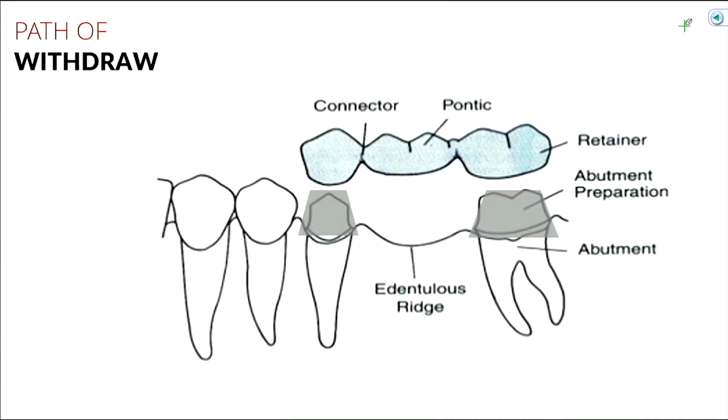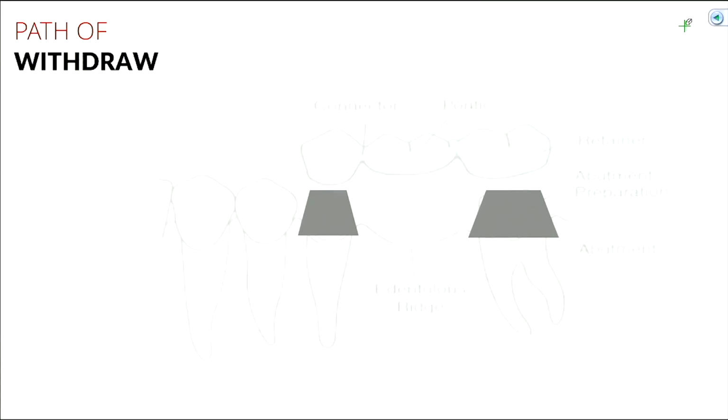Okay, so path of withdrawal. Let's go over this concept again with some visuals here, right? So you have two abutment teeth, and we simplified the geometry. So we have some taper. Both of the teeth individually have draw, plus they both have draw in relation to each other, right? If you were to draw some lines here, we would see that we have no undercuts present.